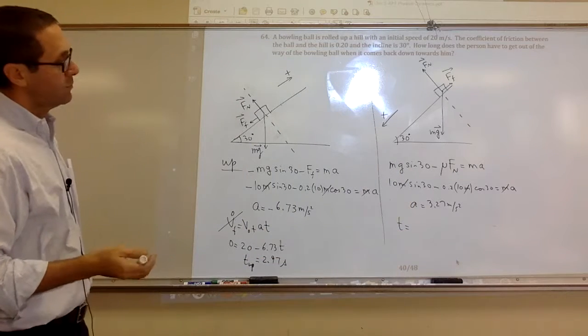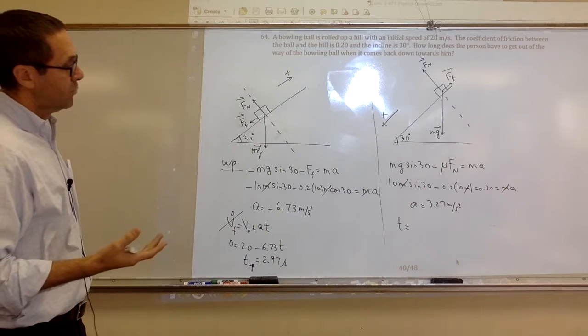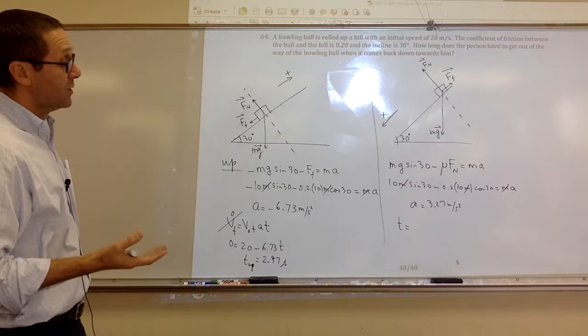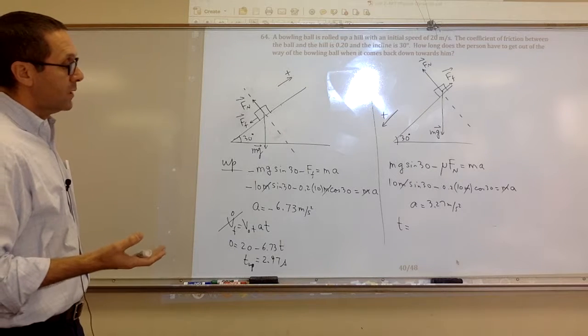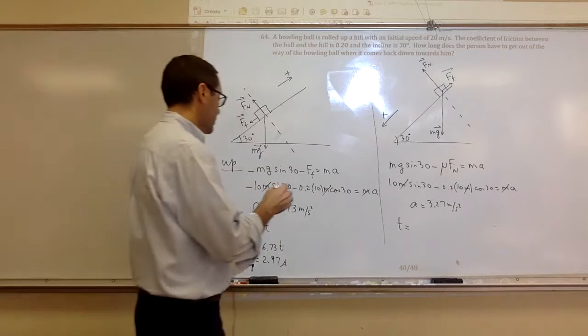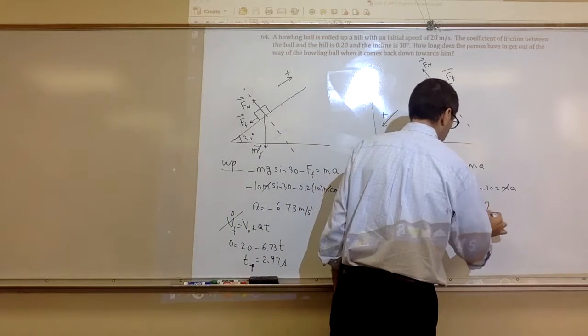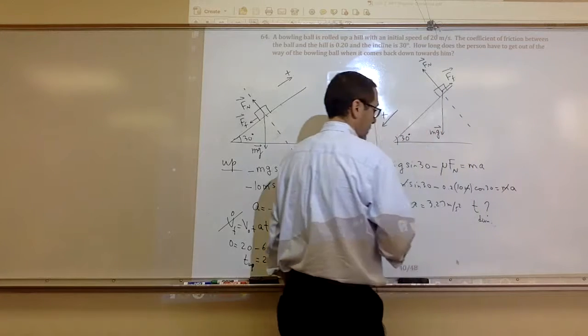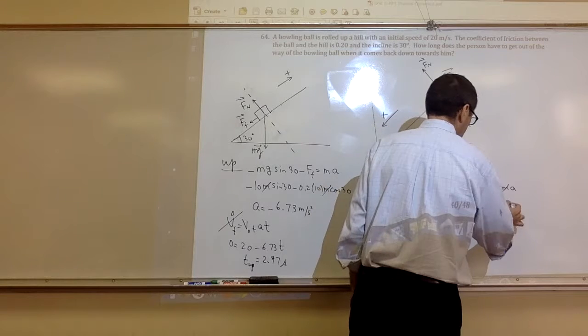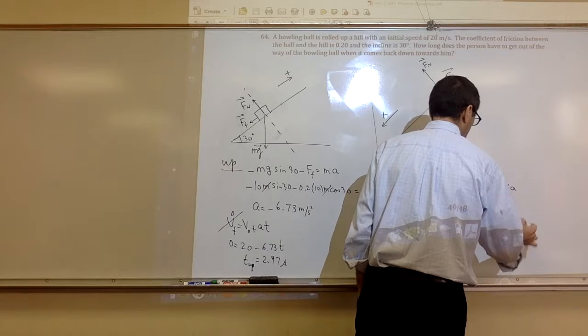Actually, the problem is that we don't know what speed it's going to have at the bottom of the ramp. So I don't think we can use the same equation as before. So let's see what equation we can use. We're looking for the time down the ramp. We have the acceleration, and we have the initial velocity at the top as being 0.